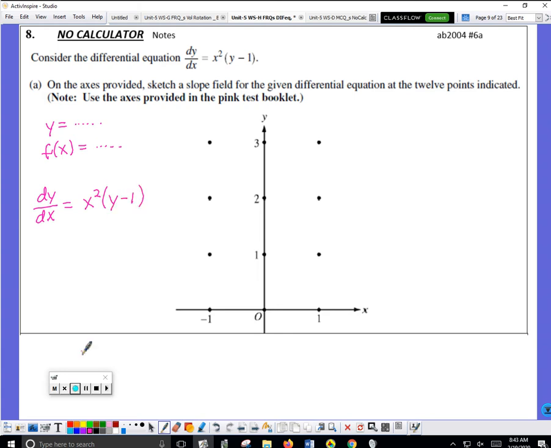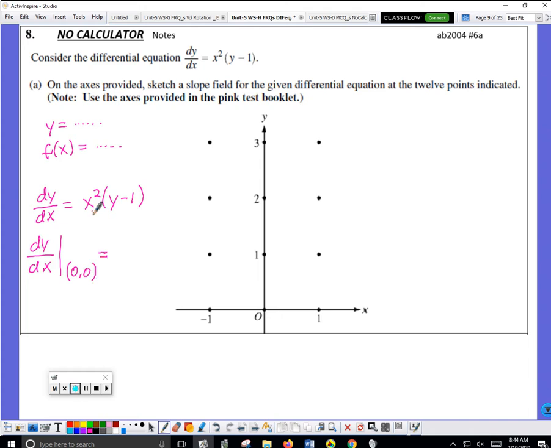Which means on this graph of y equals something, if you were to go to, say, this point right here, we'll do the easy one, (0, 0), you plug in a 0 for x and a 0 for y. So we're finding the slope of the formula for y at the point (0, 0).